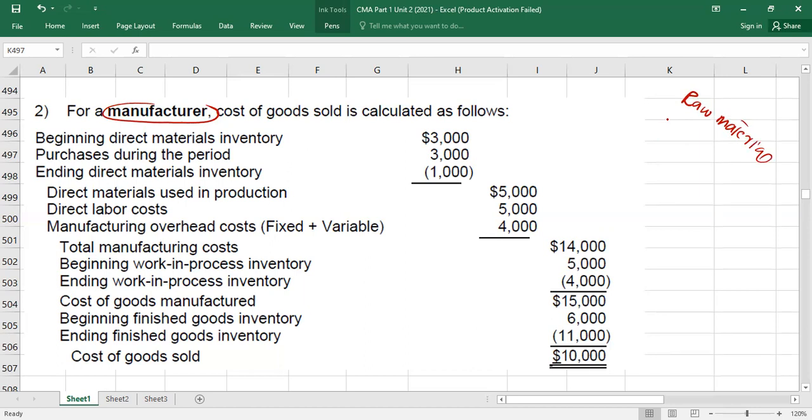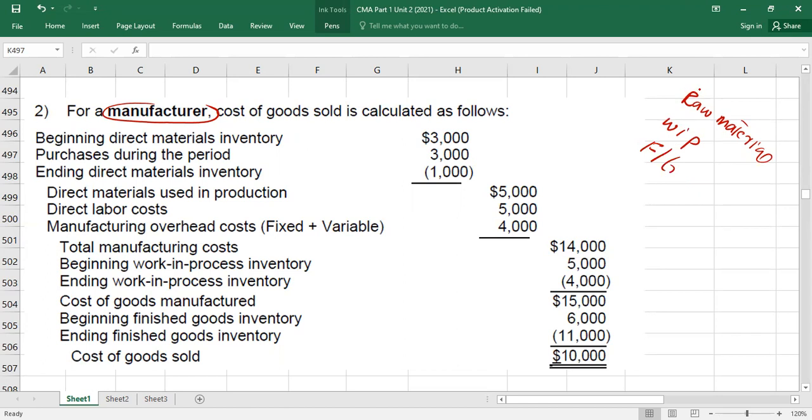Second, work in progress or process. Third, finished goods. And we are working with cost of goods sold. You studied this in your earlier studies also, but we are going to recap quickly.